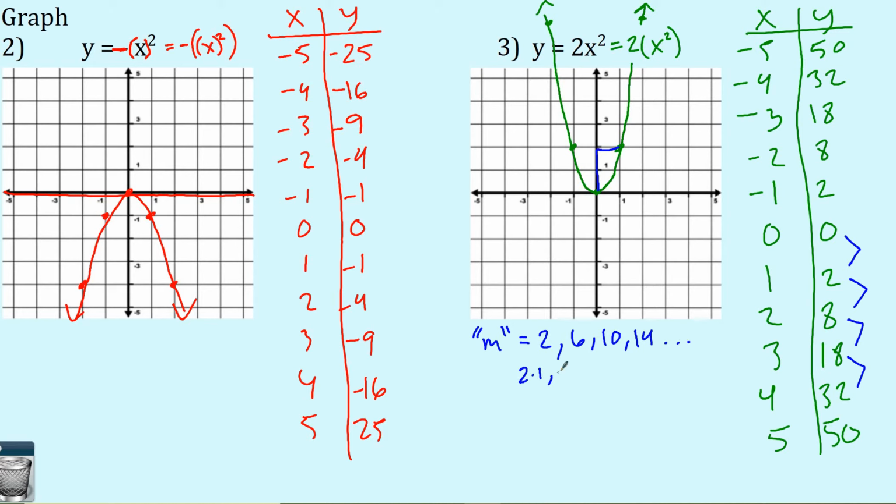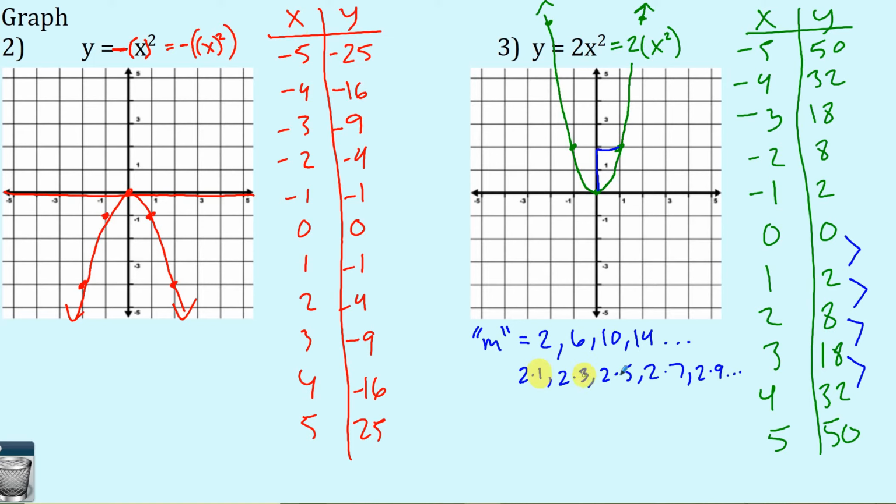Well, notice what the difference is. That's 2 times 1, 2 times 3. Might help if I write it in the same format. And this was 2 times 5, and this is 2 times 7, and I can guarantee the next one is going to be 2 times 9, because we're doing 2 times our slopes.